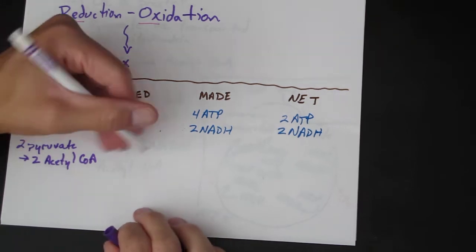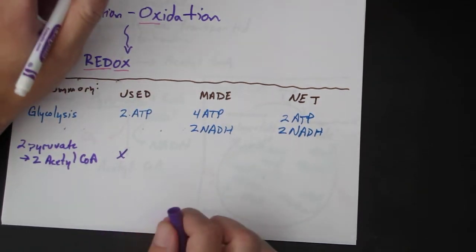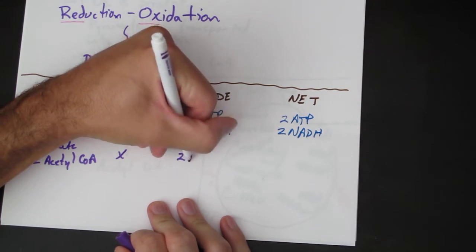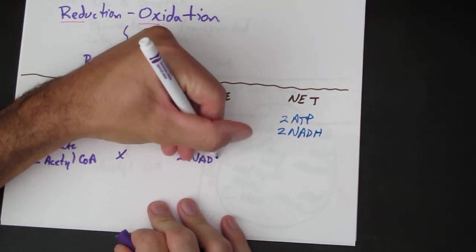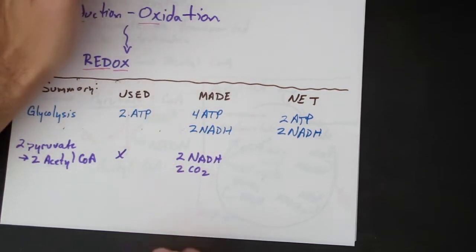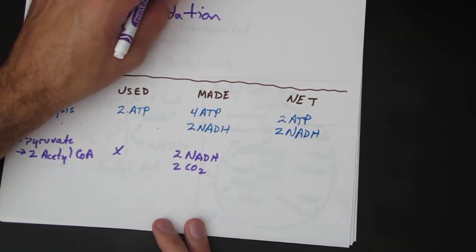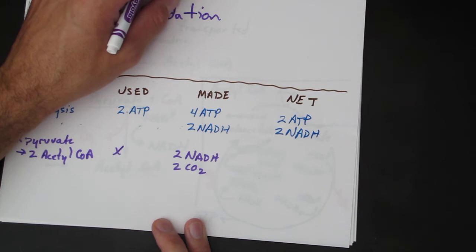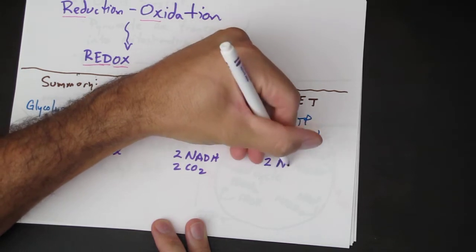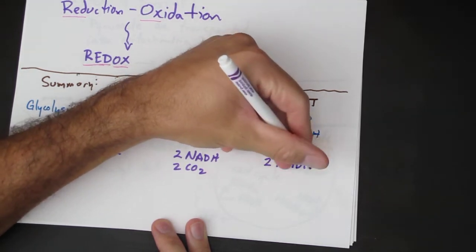Okay, well, that process didn't use anything, so we can put an X in there. And we saw that we had 2 NADH that were being made and 2 CO2, right? That's what was made in that process. I'm not going to carry the CO2 over because we don't really care about that much, but I am going to carry the 2 NADH over.